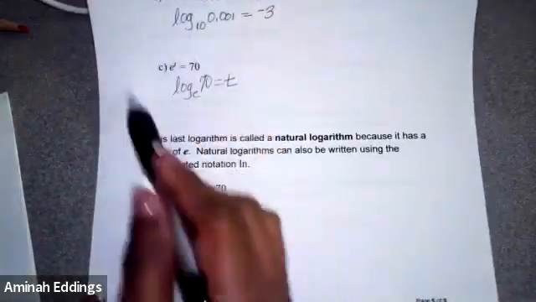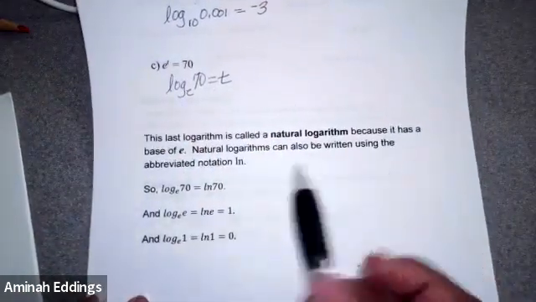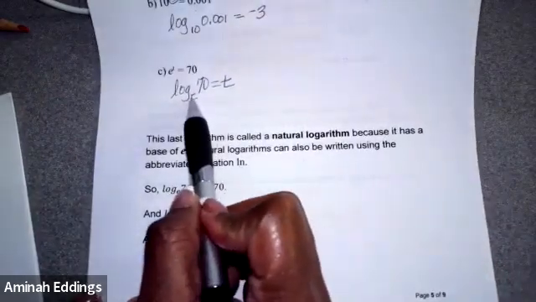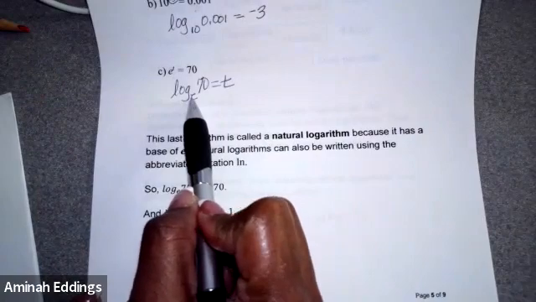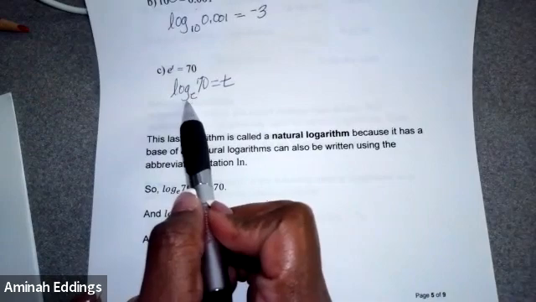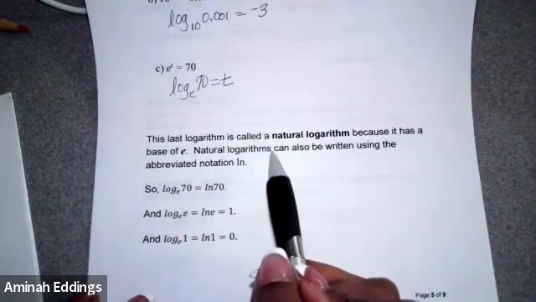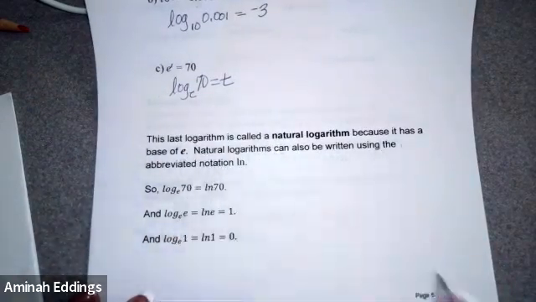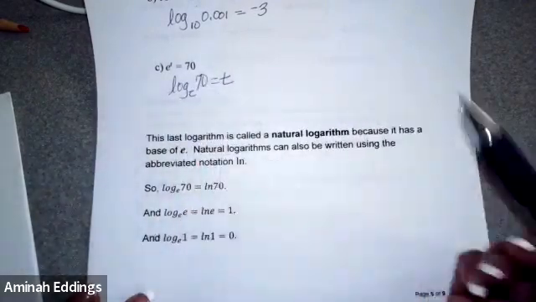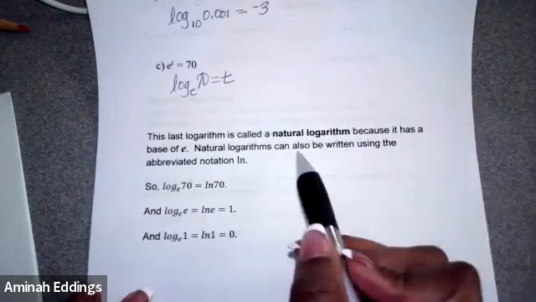All right, so this last one that we did was a little different because we had E, which we talked about in our last section, as our base. Anytime we have E as our base, we will have what's called a natural log, okay? Natural logarithm.